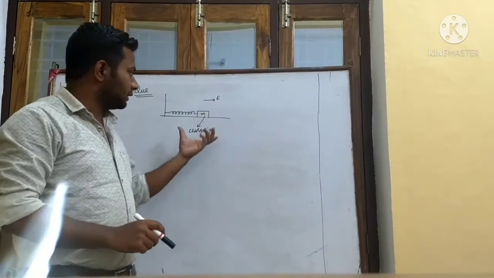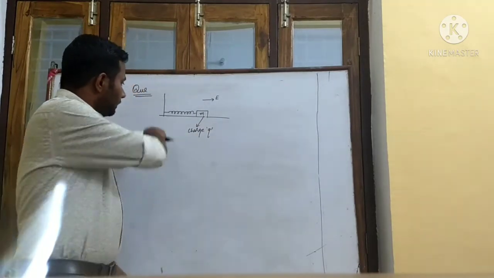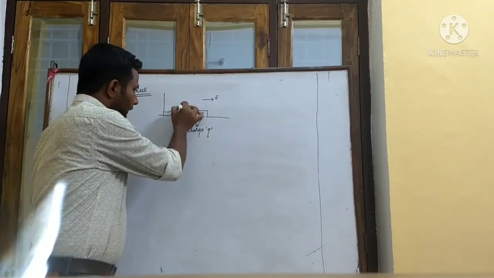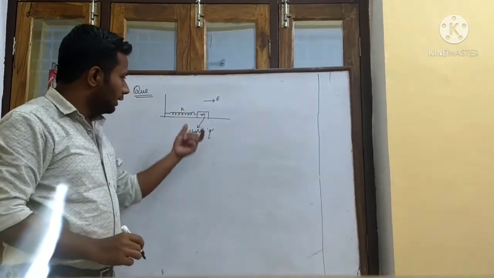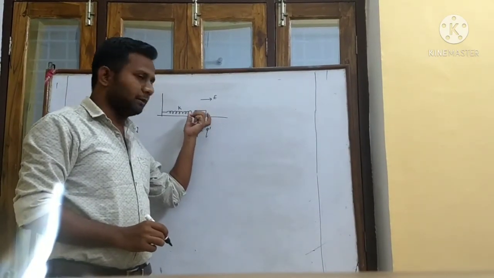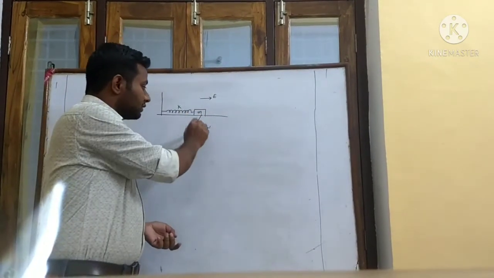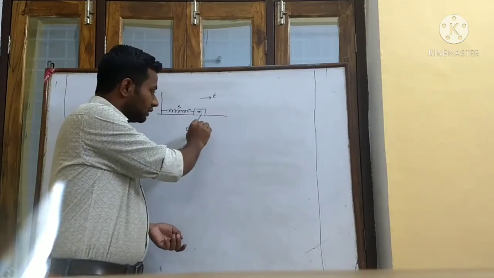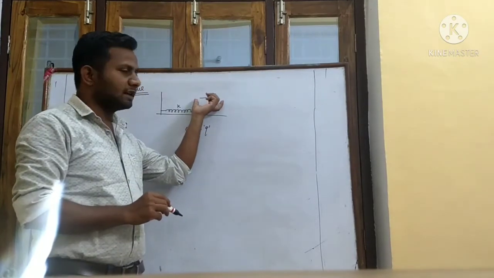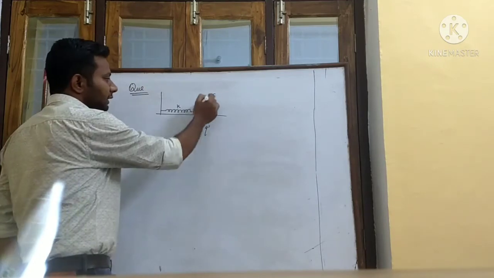Okay, now try to understand this question. There is one spring having a spring constant K, and a small block having mass M, and it is charged with charge q, and there is an external electric field in this direction.